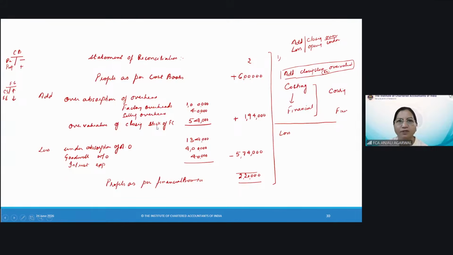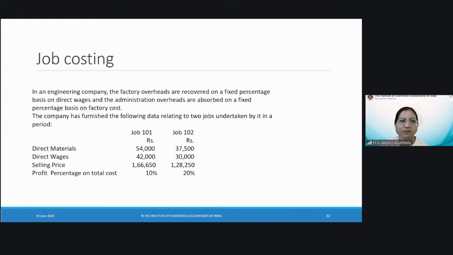So this was about non-integrated, integrated, and reconciliation. We'll speak about our next topic, job costing. You have seen how the costs are to be absorbed, so you can similarly find the cost of any job. You can apply those absorption rates to the jobs.